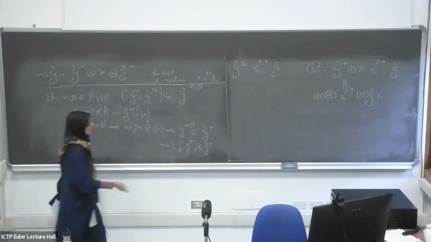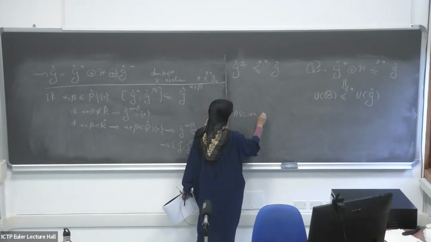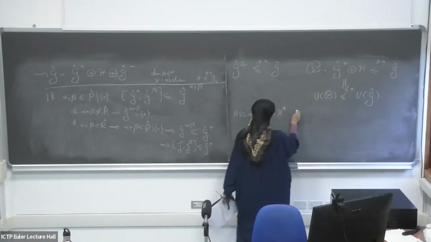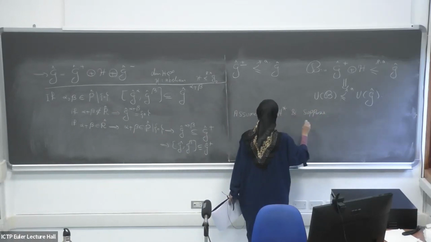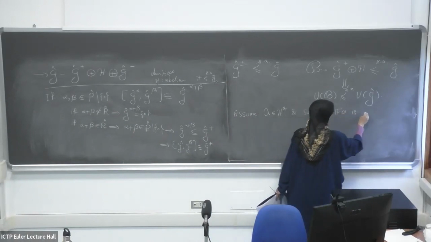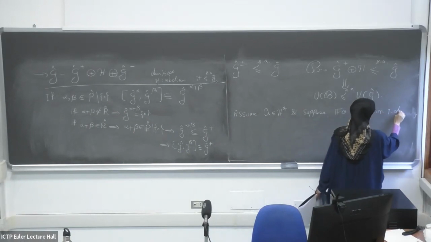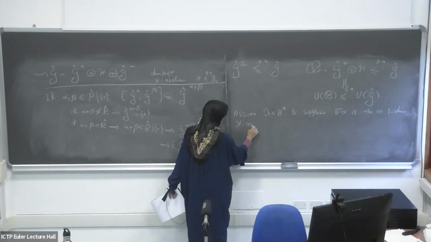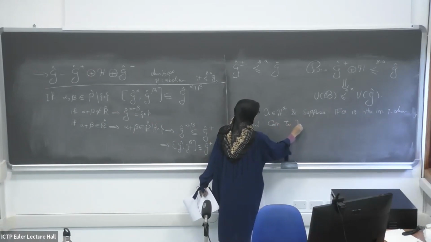You remember, each representation is determined by just a functional. Okay? So, assume lambda is an element of H star, and suppose F_lambda is the irreducible one-dimensional H module corresponding to lambda.